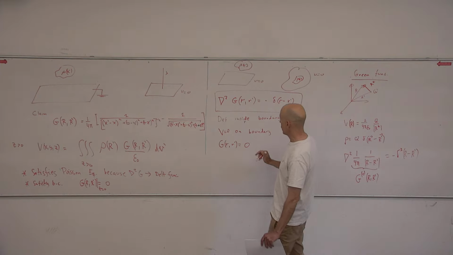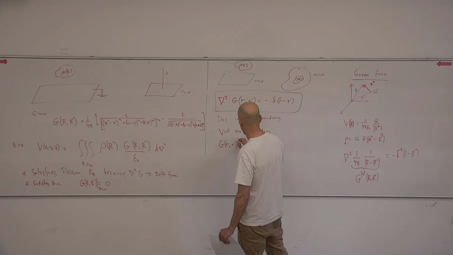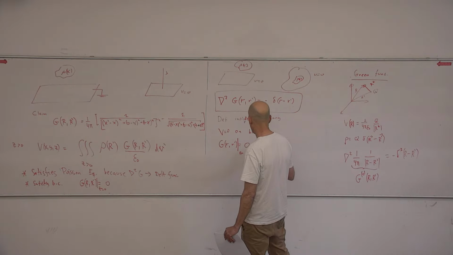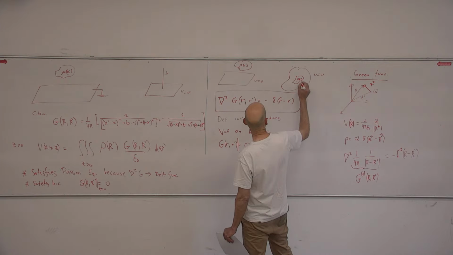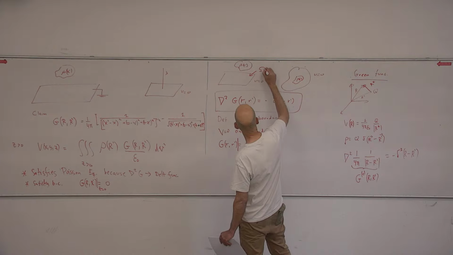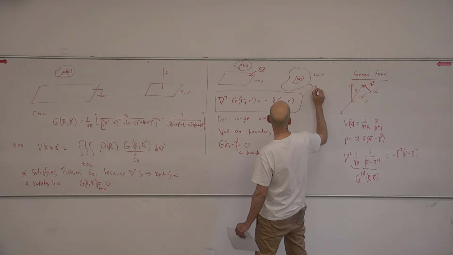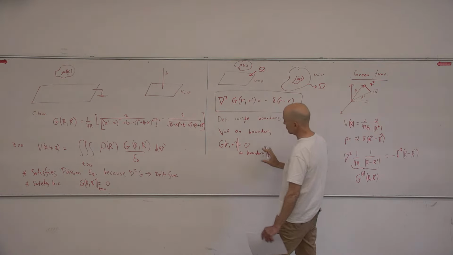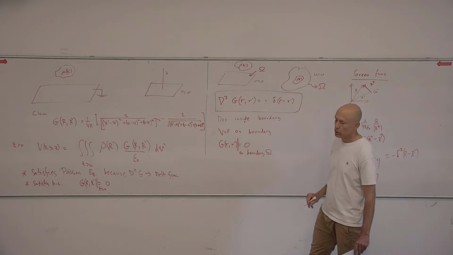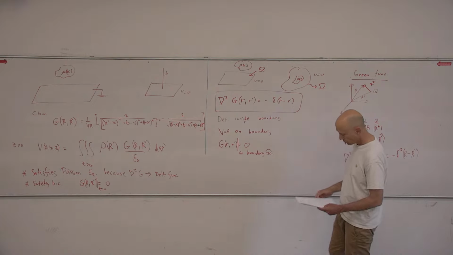So it's this on the boundary. Sometimes it's called mu. So this is the boundary. This plane is mu. This surface is mu. So the same boundary conditions for V and for G.